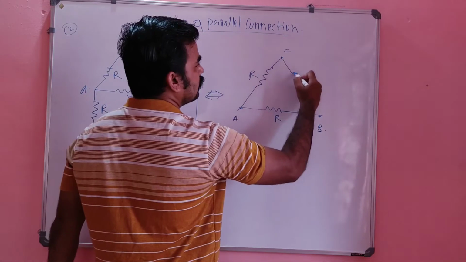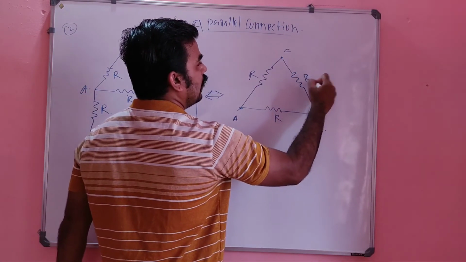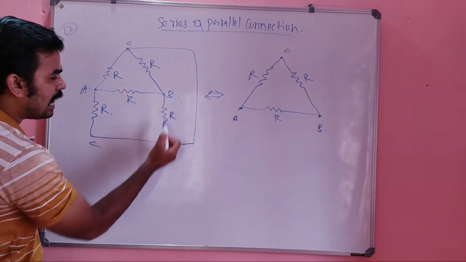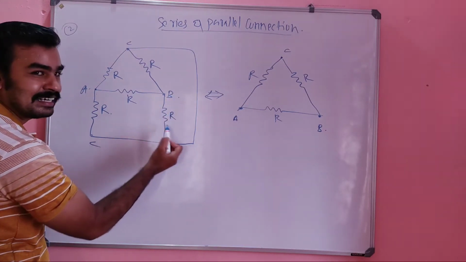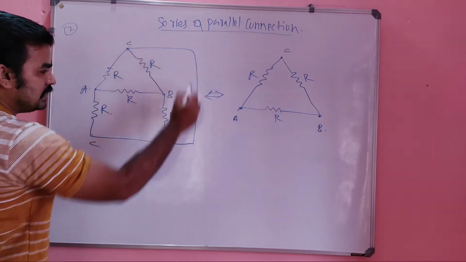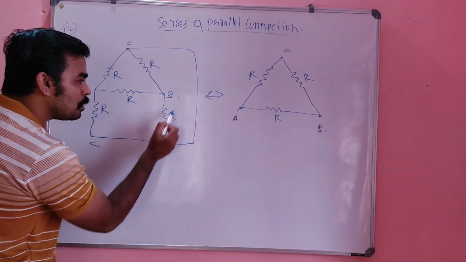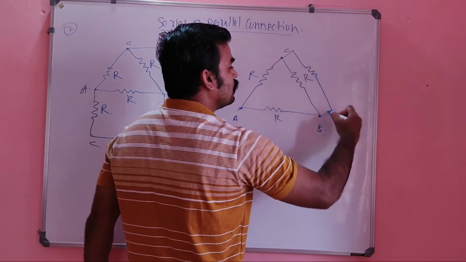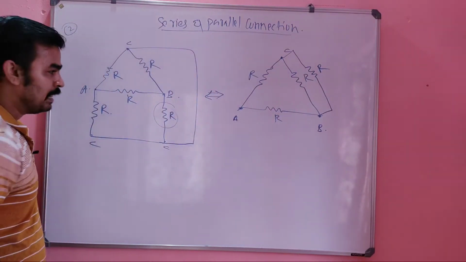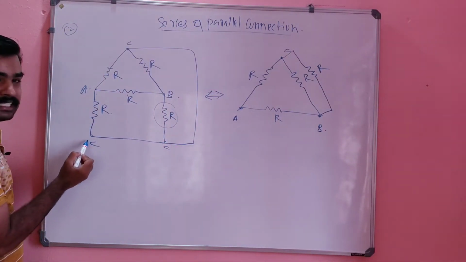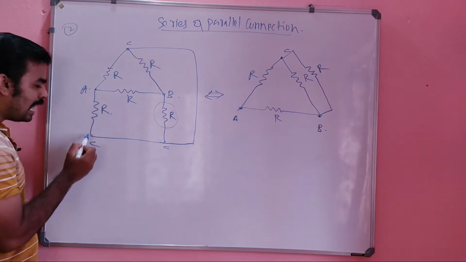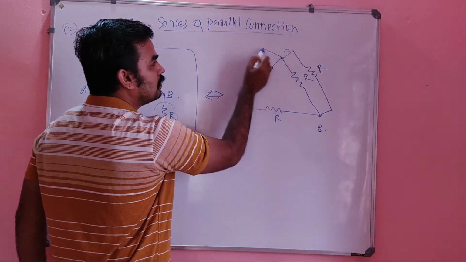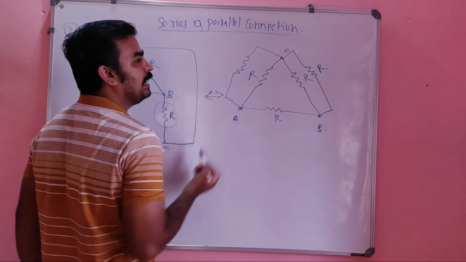It is again R. And between B and C, one more R is there, so we can write B and C again R. Similarly for A and C, you can see here, again one more R.